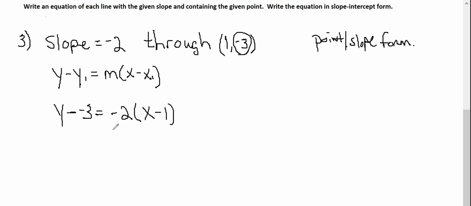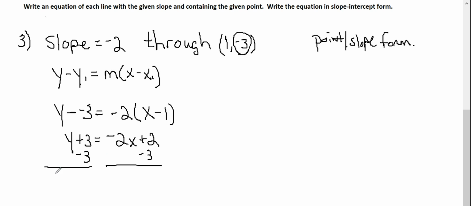So let's see, as I'm going to solve for y now, this is going to be y plus 3. That equals, distributive property here, negative 2x plus 2, and then I'm going to subtract 3. If I subtract 3, I'm going to have y equals negative 2x minus 1.